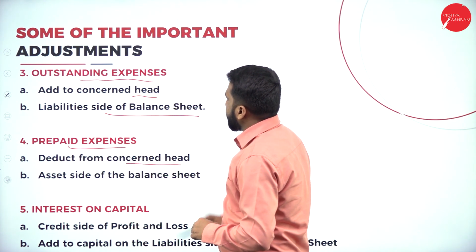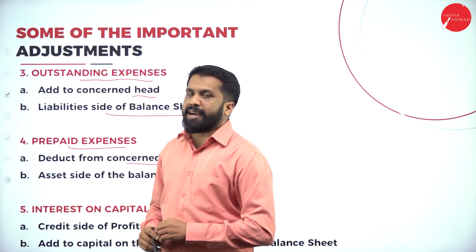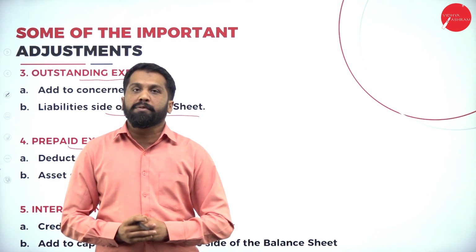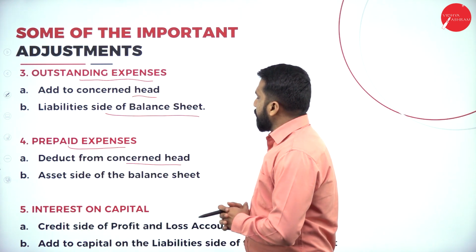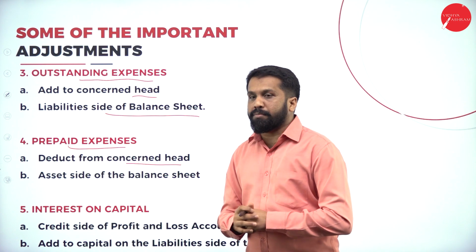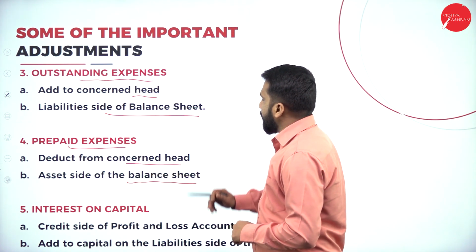Next, prepaid expenses. Deduct from the concerned head. Similarly, if it is outstanding, we will add. If it is prepaid, we will minus. Remember this. Deduct from concerned head, you have to minus. Then, asset side of the balance sheet.